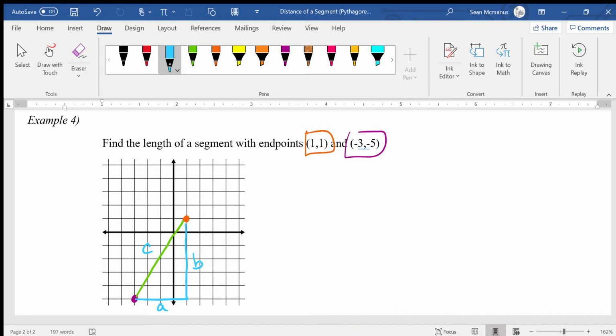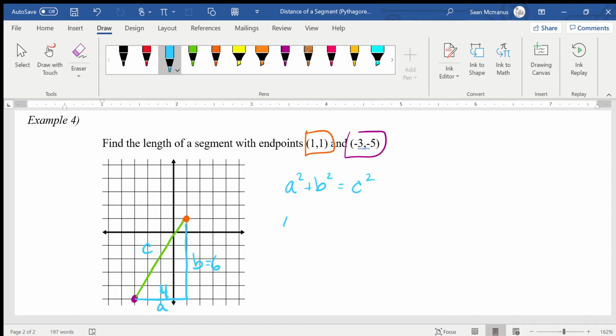A is 1, 2, 3, 4 units. B is 1, 2, 3, 4, 5, 6. Let me double check there. 1, 2, 3, 4, 5. Yep, 6 units. And C, right, I can't count because it's diagonal. So I'm going to use my Pythagorean theorem. A squared plus B squared equals C squared. And I'm going to plug in the things I know, right?